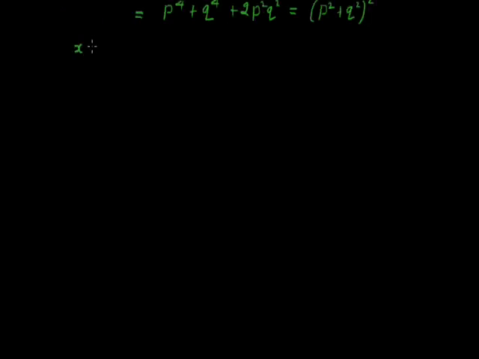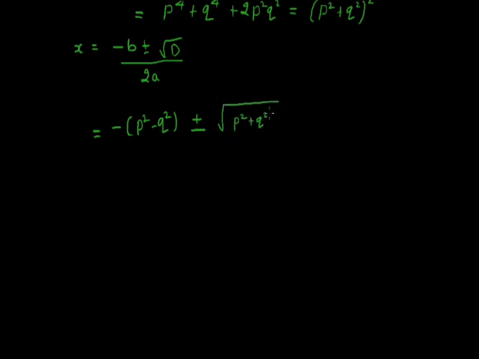Now x equal to minus b plus minus under root d upon 2a. So this is equal to, now b is minus p square minus q square. So it will become minus bracket p square minus q square plus minus under root of p square plus q square whole square upon 2a.